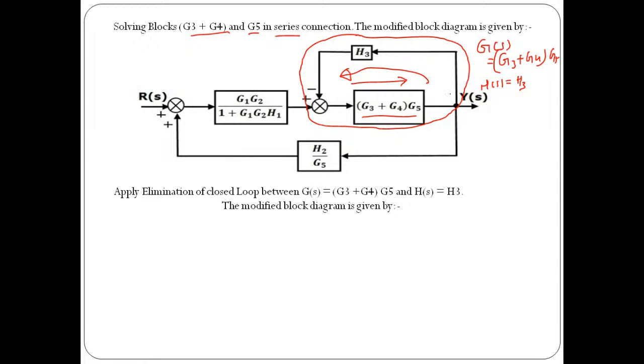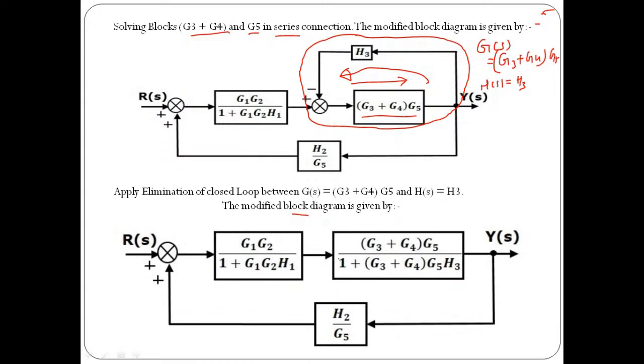If you apply elimination of feedback path over here, we can easily find the modified block diagram for the numerical. So it will be like this, where G of S is G3 plus G4 into G5 and H of S will be H3.